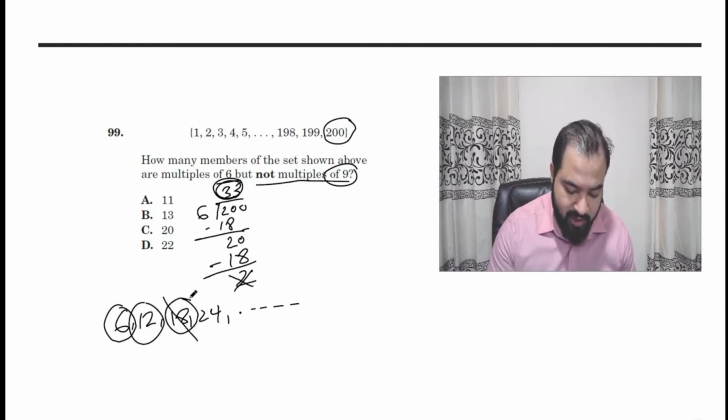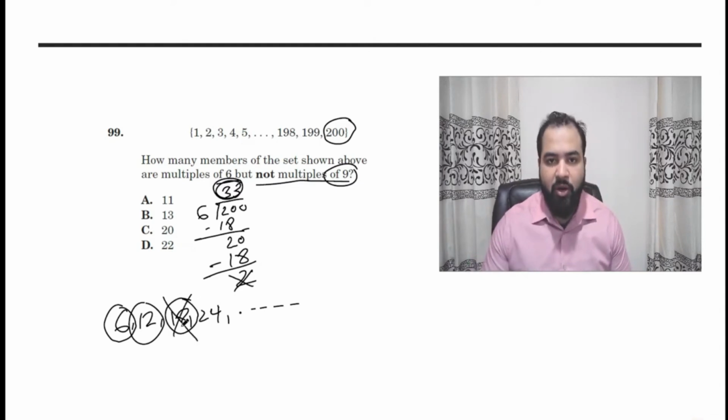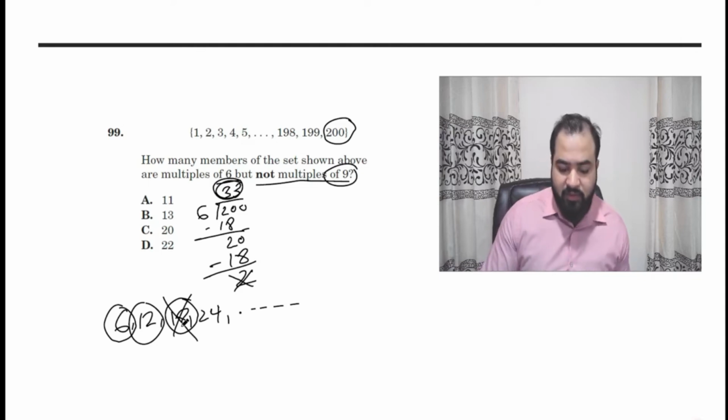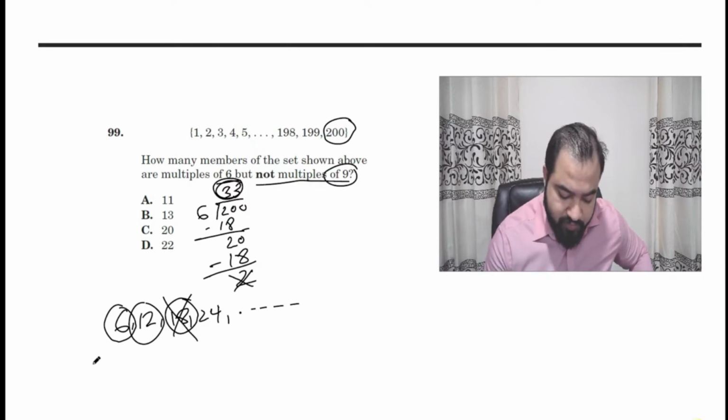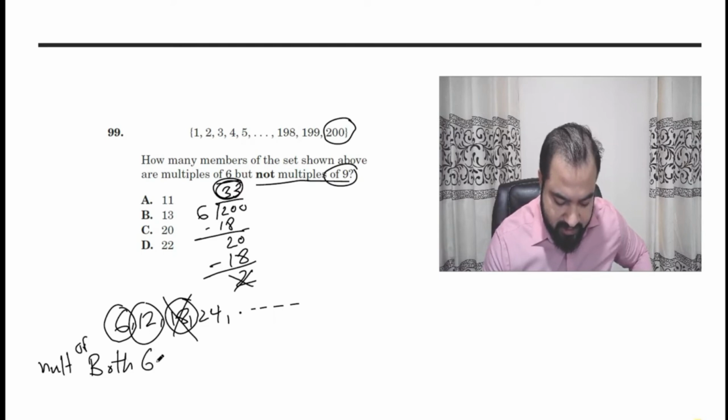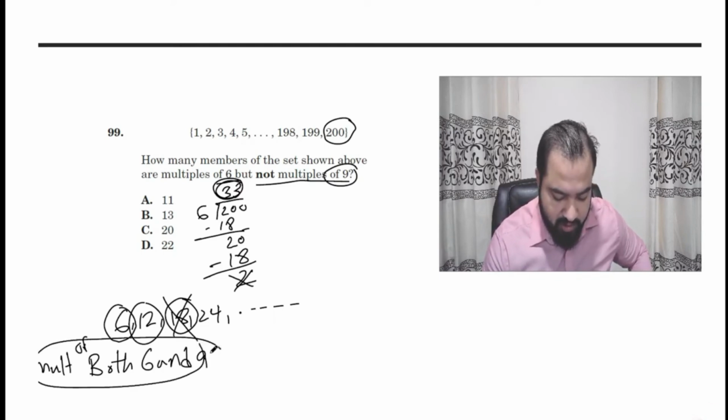So we cannot count 18, and there will be more numbers such as 36 and more coming up. All the numbers that are multiples of 18 will be divisible by both 9 and 6. So we don't want the multiples of both 6 and 9. That's what we do not want.